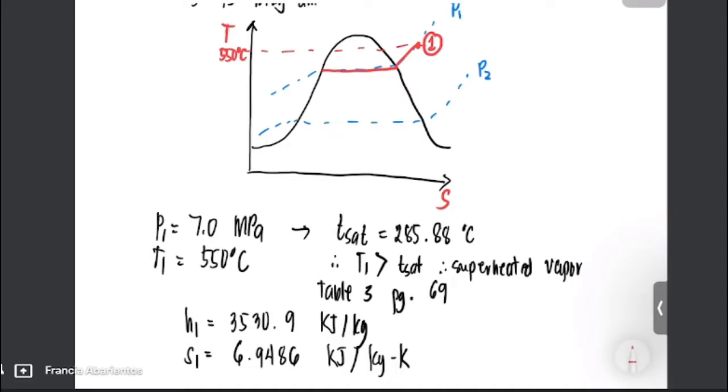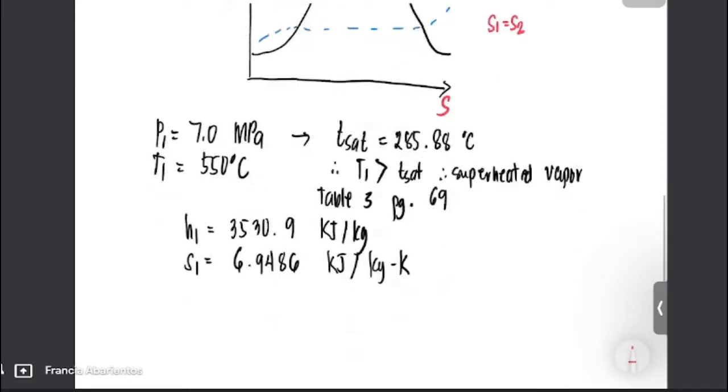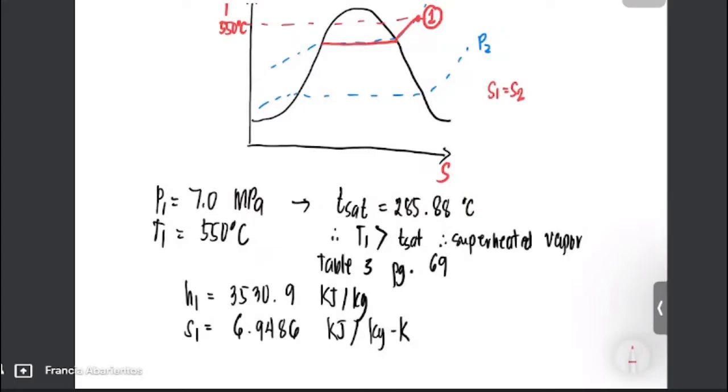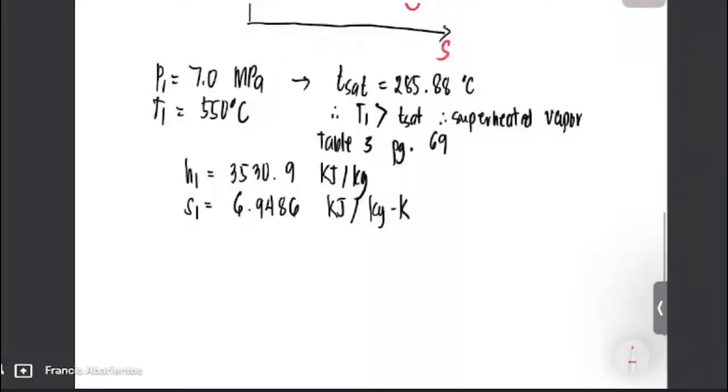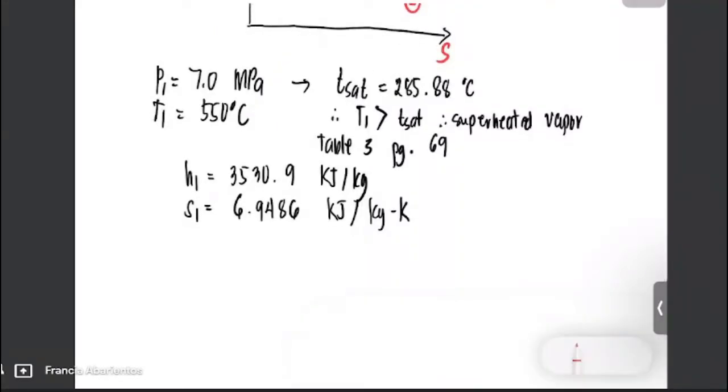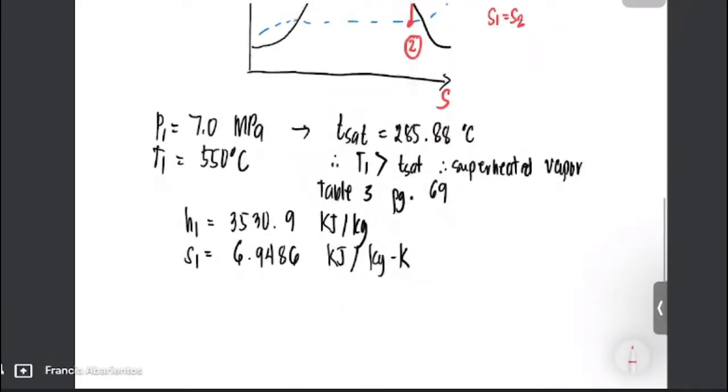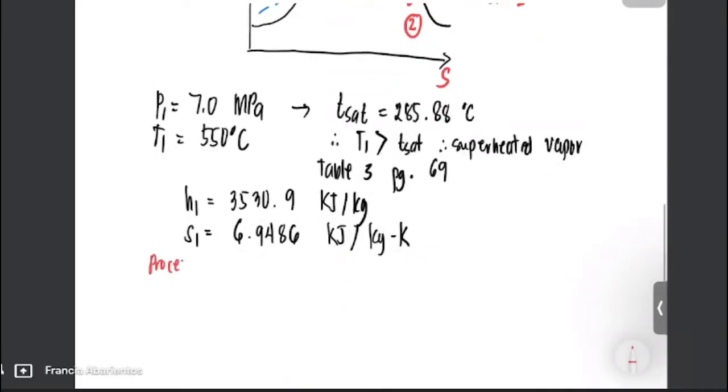But we all know that in point 1 to point 2, that is isentropic expansion. So, pababa yan, class. Okay. Check natin kung mag-follow sa pattern. From process 1 to 2, it falls under isentropic expansion.